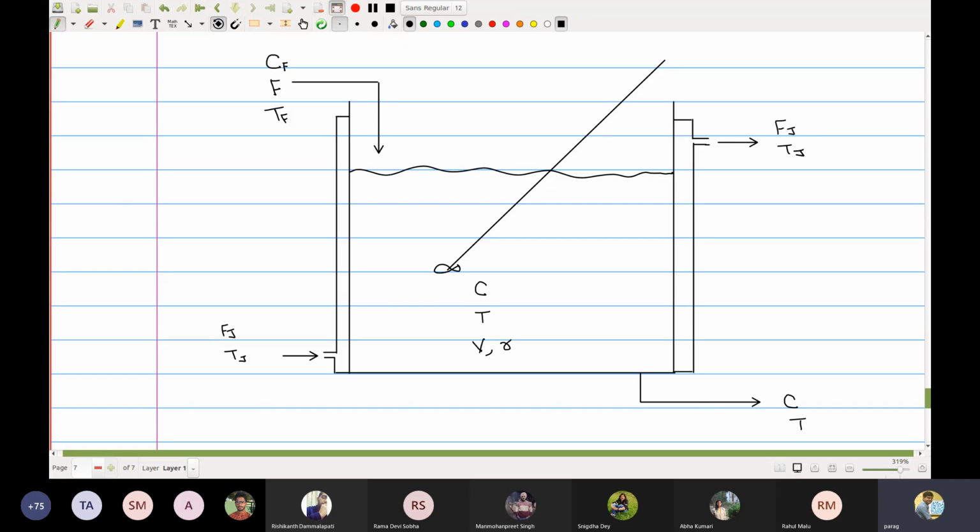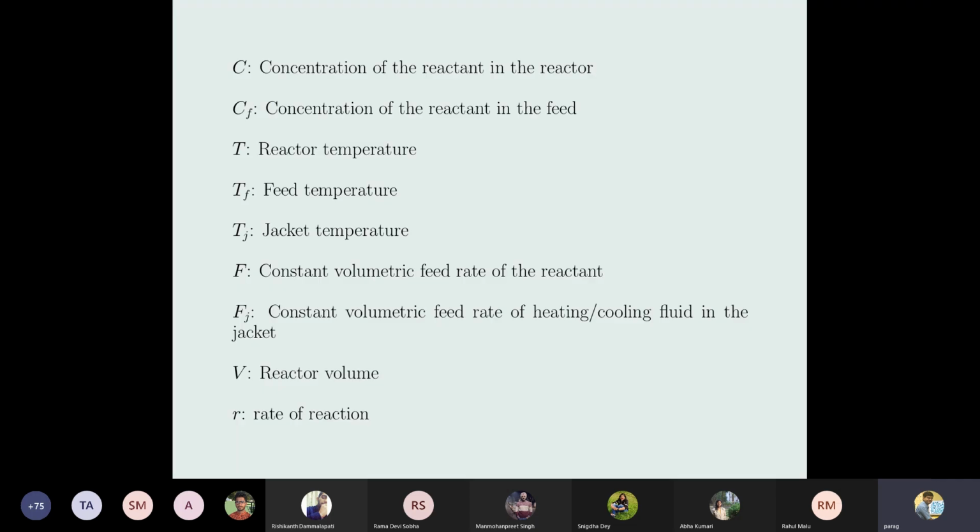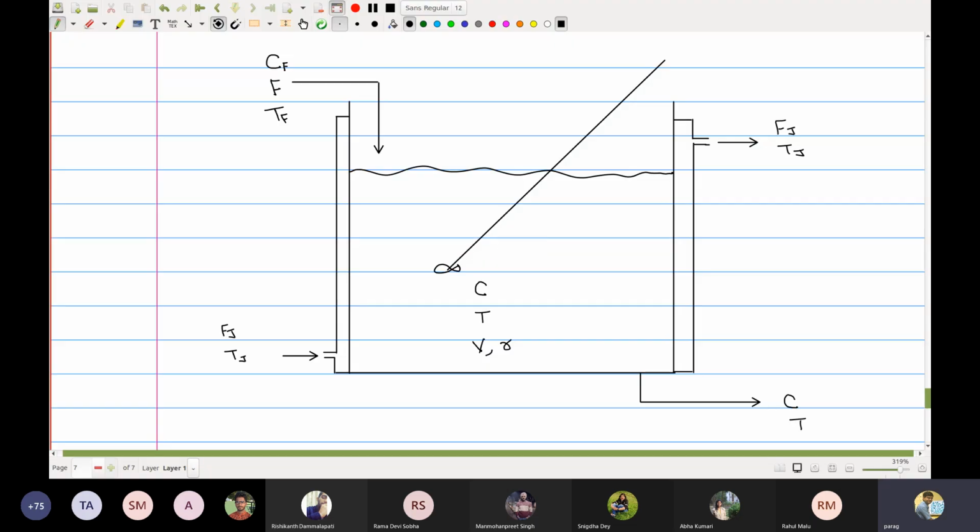Let's see. Do we need to declare anything more than this? Concentration of the reactant in the reactor, we have declared. Concentration of the reactant in the feed, reactor temperature, feed temperature, jacket temperature, we have. Constant volumetric flow rate F, have we denoted it as F? Yes. And this also would be F here at the outlet.